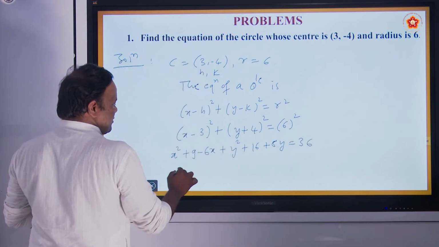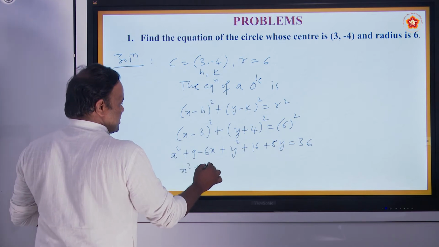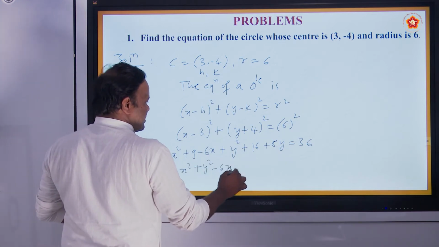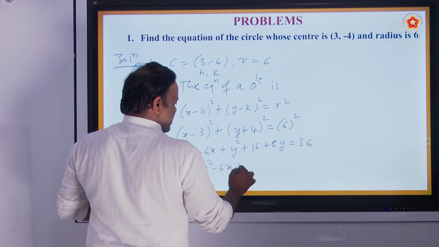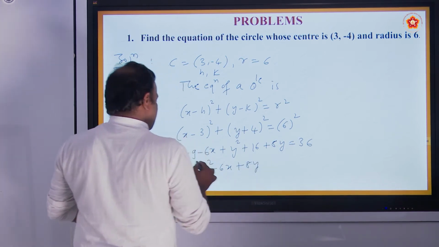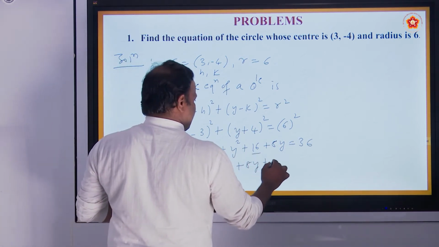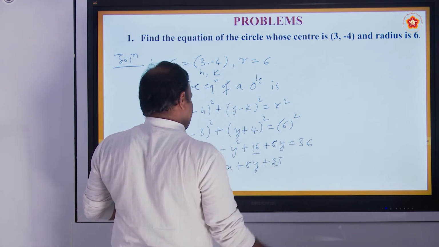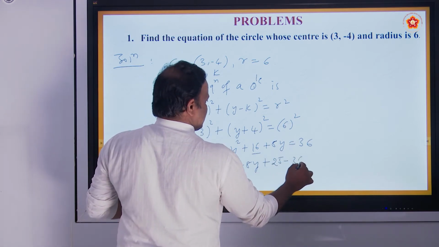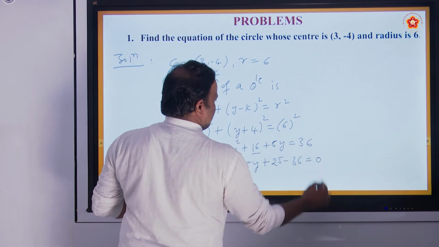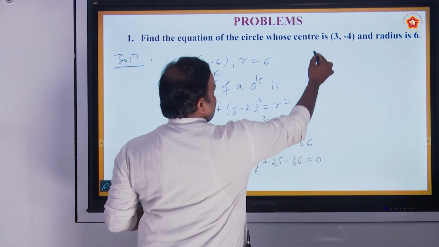Write in standard form: x square plus y square as it is, minus 6x plus 8y. 9 plus 16 is 25, plus 25, and you take minus 36 to this side, so plus 36 becomes minus 36, equal to 0. So what is the next step?